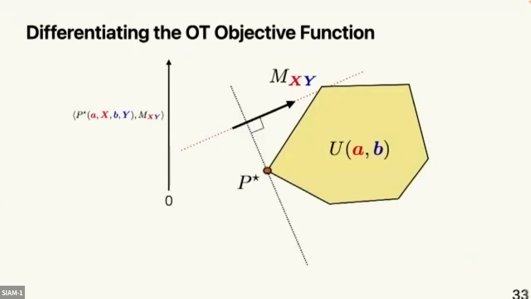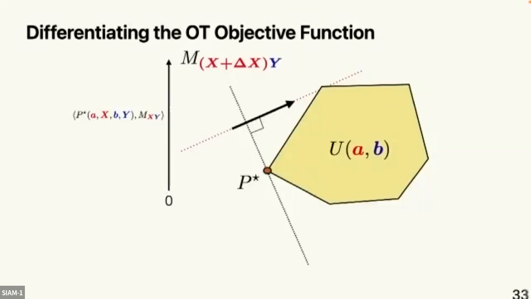So, in other words, if you are in this setup, remember when I was playing my perturbation game? If I look at P star of A, X, B, Y, so this is a bit like the z star that I was describing earlier, this depends on the inputs, is evaluated at a function of the inputs as well, and this is my transport cost.